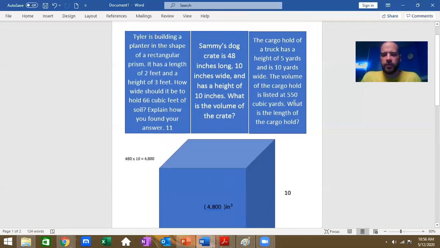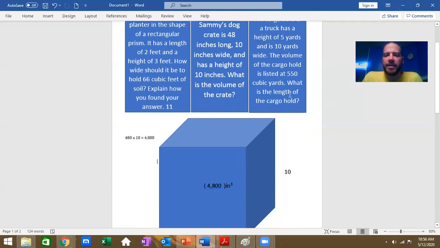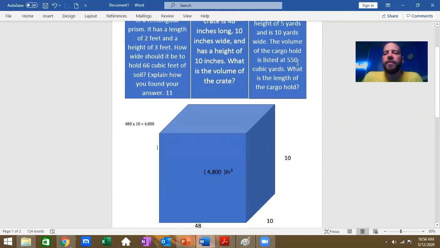All right, let's go to the last example here. It says the cargo hold of a truck, so that basically the trunk, the back of the truck, has a height of 5 yards and is 10 yards wide.